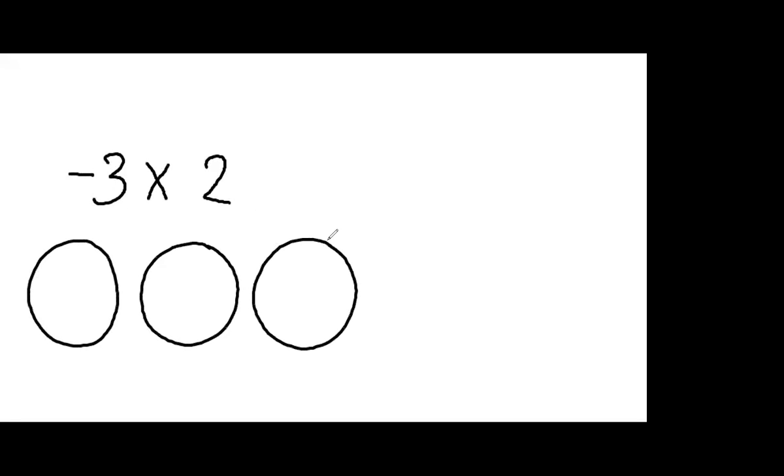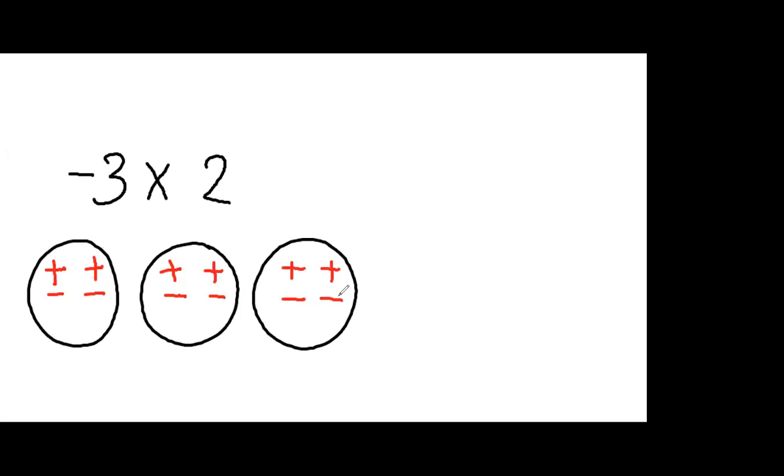So we are going to work with 0 pair. You will fill each one by how many? You are going to fill each one by positive 2 and negative 2. So I have 1, 2, 1, 2, 1, 2.